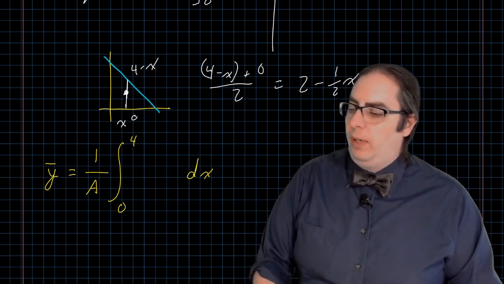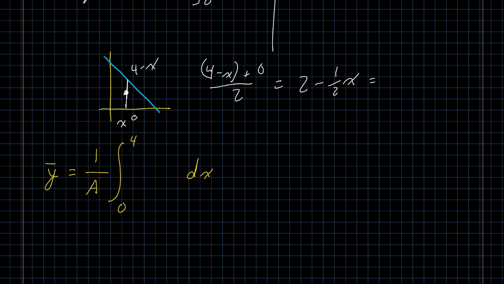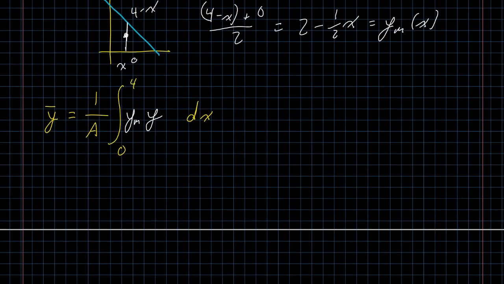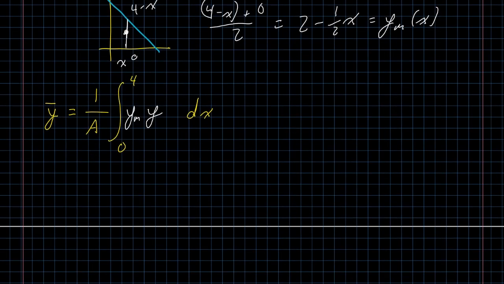But for sake of writing down a formula, let me get my head out of the way so you can see what I'm writing down. Let's call that y sub m of x, the midpoint y value with respect to x. So I'm going to take that y_m, and then I'm going to multiply that by the number of points that I was looking at here, which is in fact just y. y_m and y are both functions of x, so if I plug those things in, I'll be able to evaluate this integral.